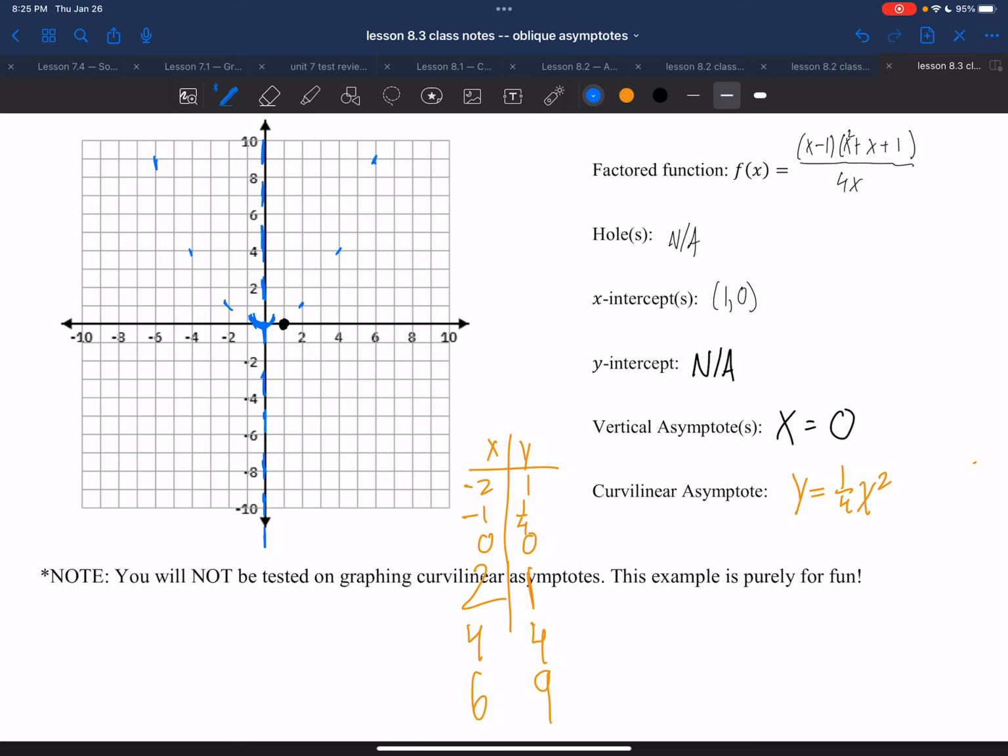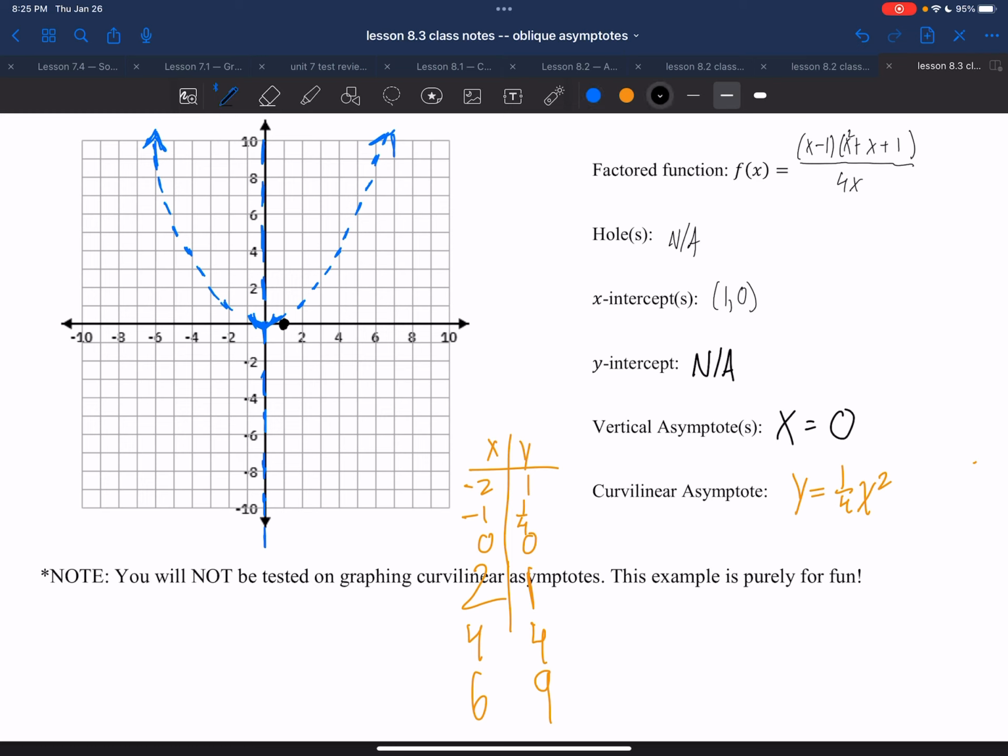This gives me an idea of what it should look like. See how I've tried my best to sketch a parabola that's an asymptote.